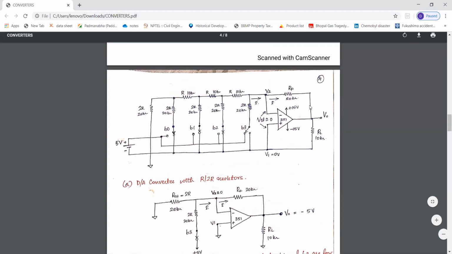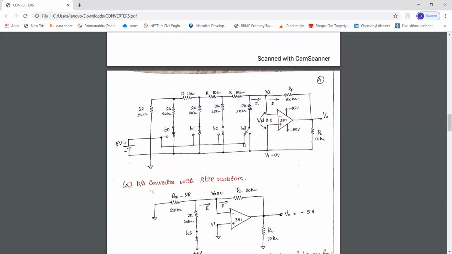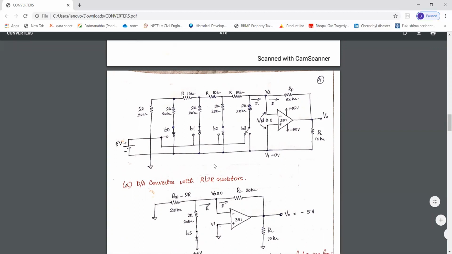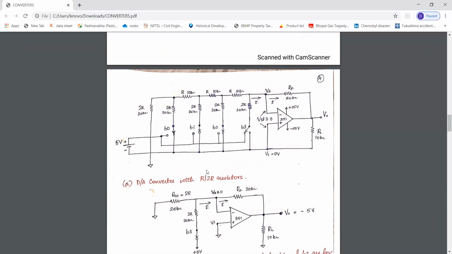Now only this part of the circuitry is directly connected to the op amp. So the part of the circuitry till now, we are going to use Thevenin's theorem.